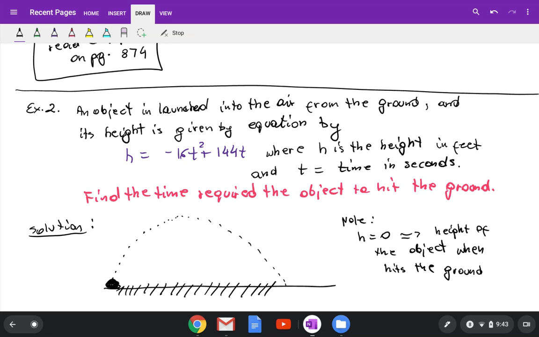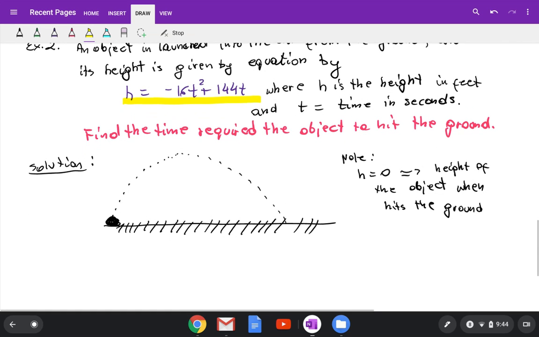So what you're going to do, take the given equation and solve it for t. Make h equal 0. So going back to note, so that's the first note. Second, use the given equation.